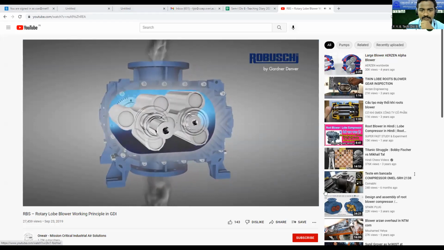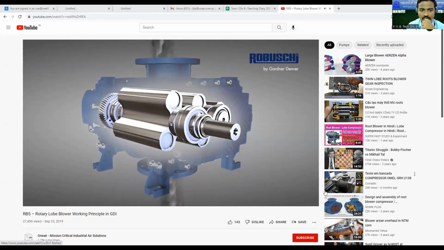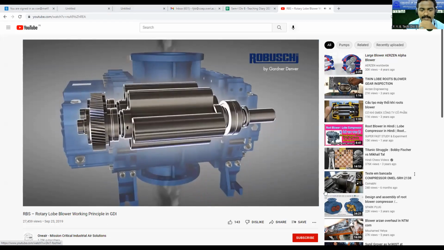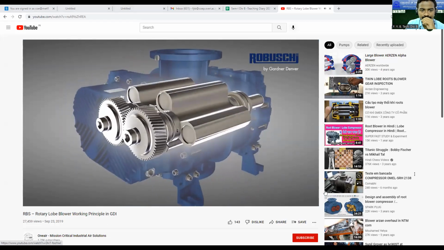Just observe how it is working. The lobes are rotating like gears, and air gets entrapped between the lobes and the casing.